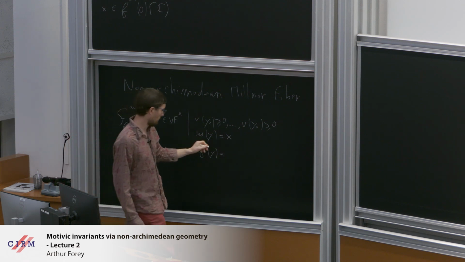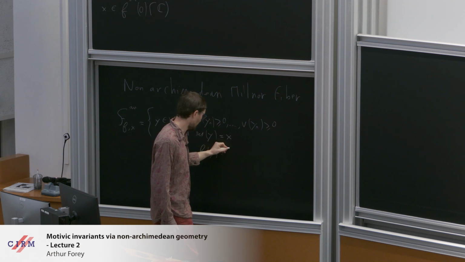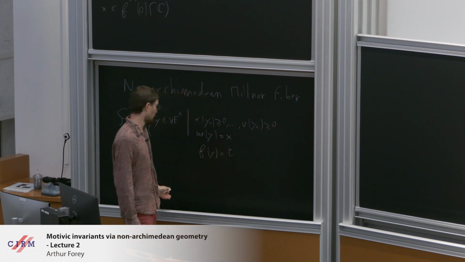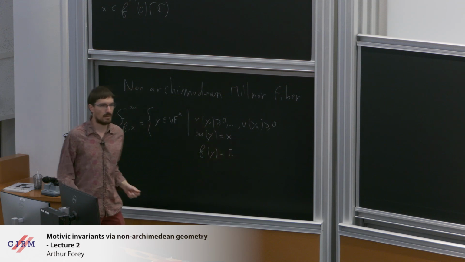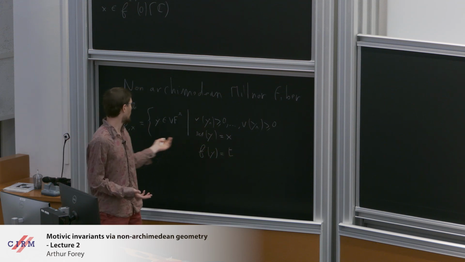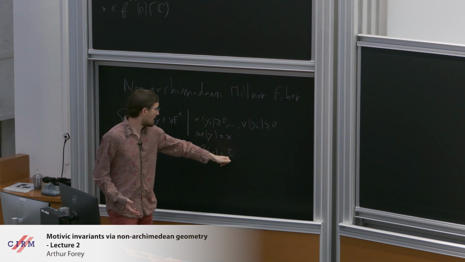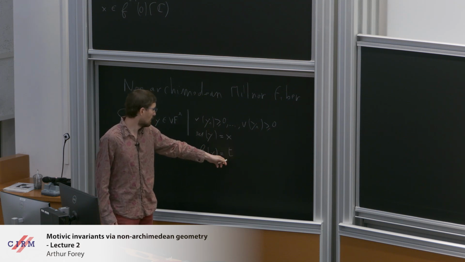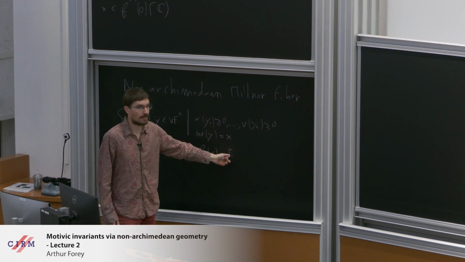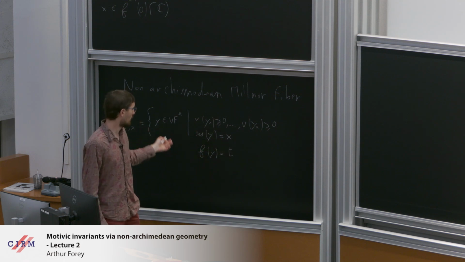It behaves a bit like an infinitesimal, so the most natural thing to define is to ask that f of y is this t. And somehow you see, it doesn't really matter. I choose t here because it's maybe the most natural choice, but I could choose something else, and basically I would get the same thing.